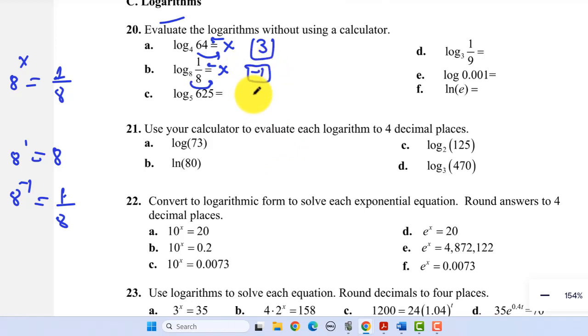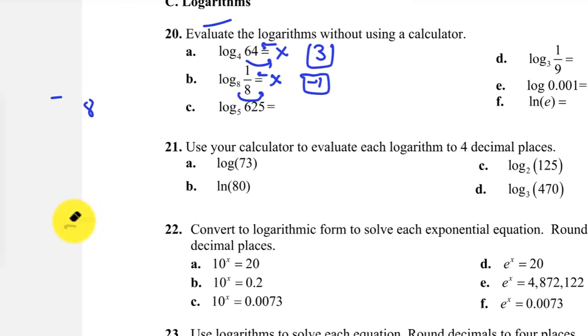Okay, let's take a look at letter C. Let me just clean this up. Letter C, we have log base 5 of 625. So again, I don't know what this equals, so I can rewrite this as 5 raised to the x is equal to 625.